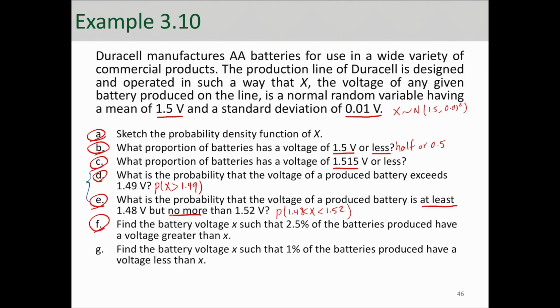Part G is very similar. It says find the battery voltage X such that 1% of the batteries produced have a voltage less than X. So here we're looking at less than X, so we're on the other side of the normal distribution.